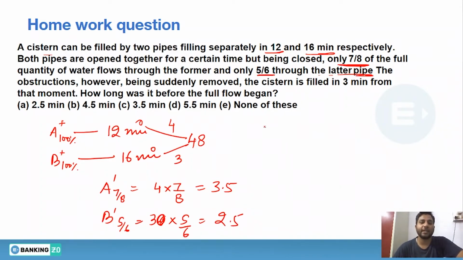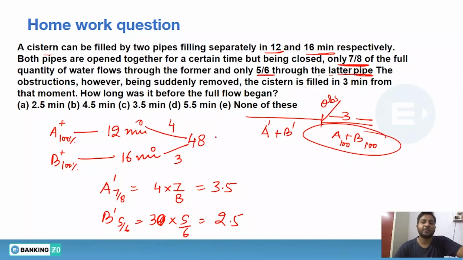And as you know that in the starting the damaged pipe has started filling, but when the obstruction was removed, the pipes filled the remaining part in just 3 minutes. And what would be the remaining part? Remember that if you remove that obstruction, that means their 100% efficiency has been regained.